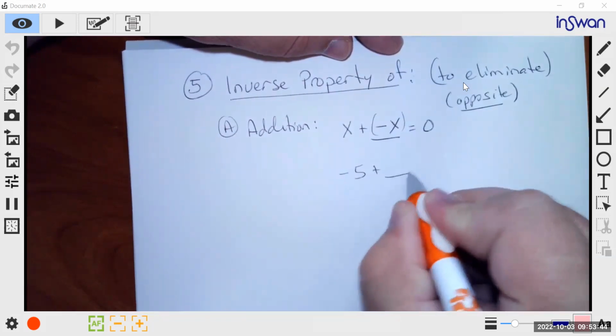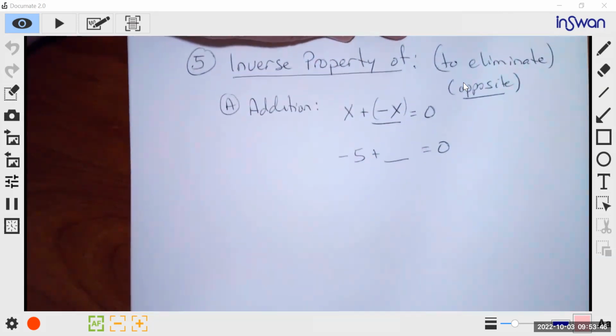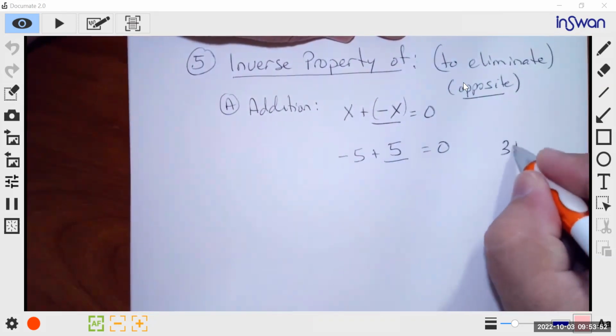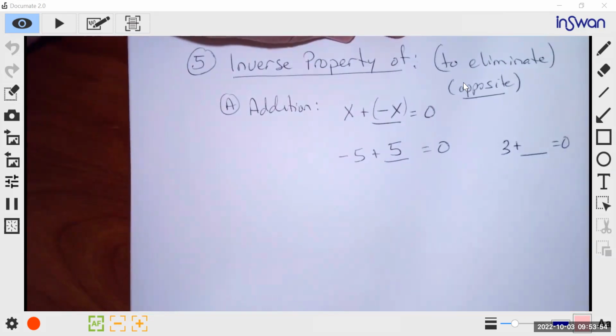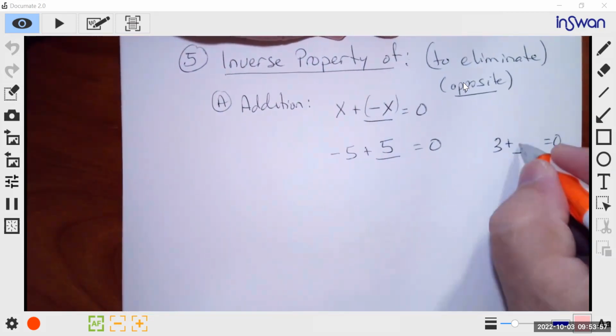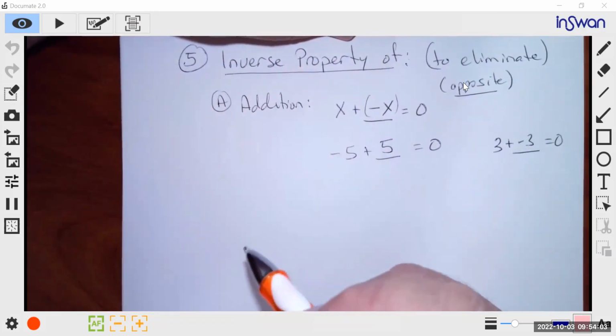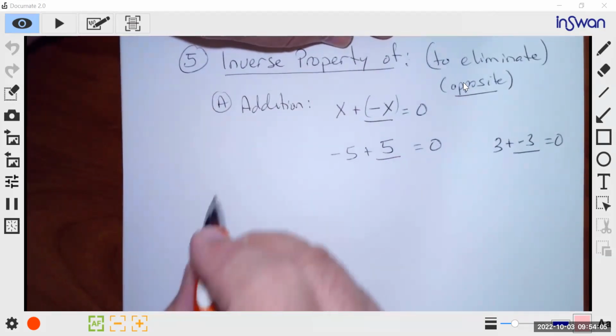Negative 5 plus what gives me 0? 5. 3 plus what gives me 0? Negative 3. So the inverse property is simply adding the opposite to it.